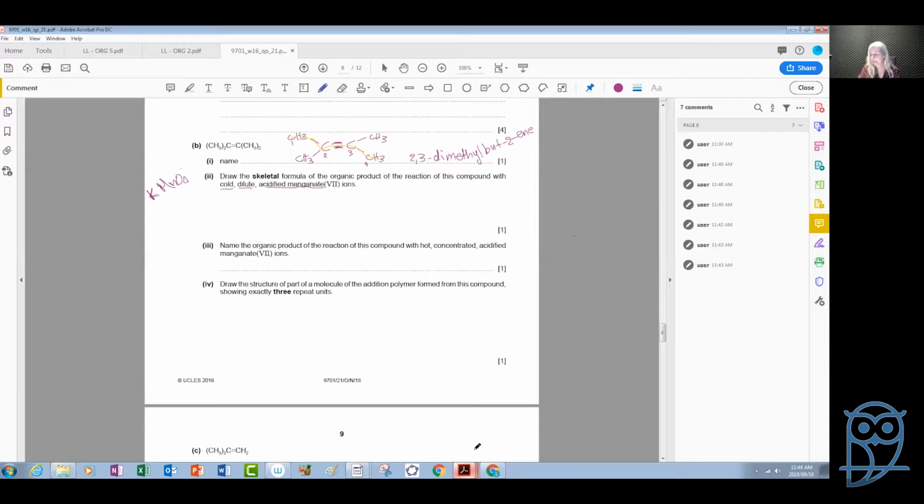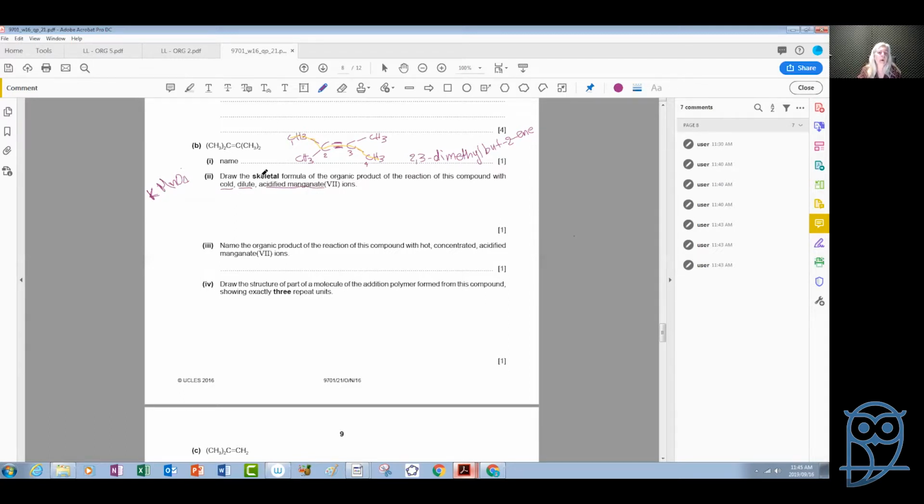Now, what does the question say here? Draw the skeletal formula. Now, the skeletal formula is the one that is given with a zigzag configuration where we don't show the carbons. Now, with cold, let us see first of all, before we write the formula, if this hydrocarbon undergoes an oxidation reaction in dilute and cold manganate ions, what would be the reaction?